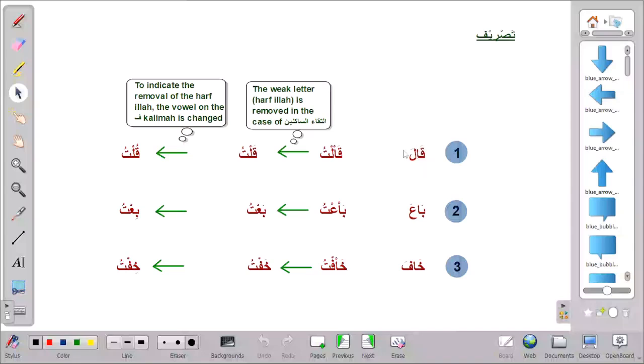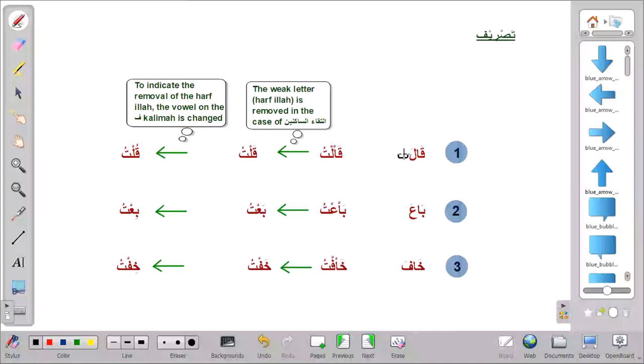Now let's look at the first example. We are using qala as the example. Qala means he said, but if I want to say I said, what do I do? From what we have learned previously, if you want to add a pronoun to a verb, for example, tu, I'll add the tu like this.